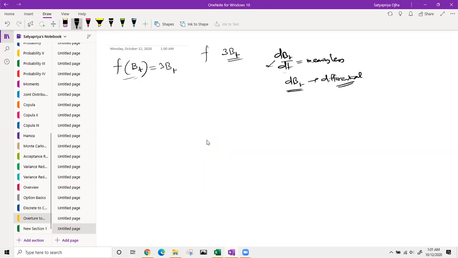The derivative with respect to time, which is the slope, is meaningless. So in the world of stochastic calculus, Brownian motion calculus, or Ito calculus, it's all the same. We will work with differentials like this, not derivatives.